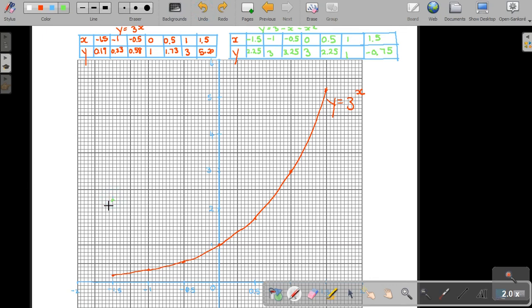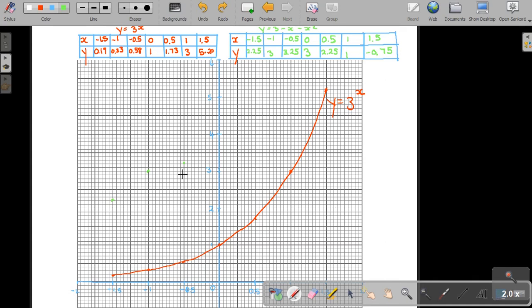Okay, it's 3. And then it's negative 1 and 3. And then it's negative 0.5 and 3.25, 3.125. It's again approximately there.